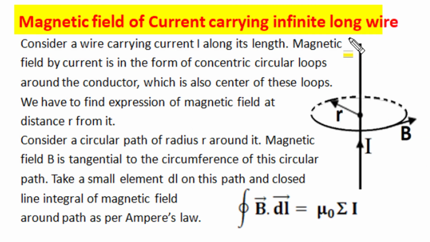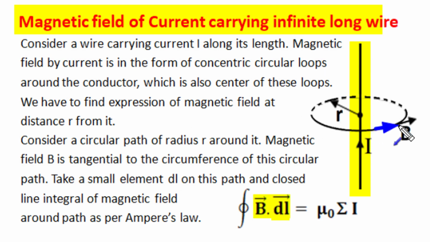We have a long straight conductor wire carrying current I along its length. Now due to symmetry, at a circular periphery of constant radius, the magnetic field magnitude is everywhere the same and the magnetic field is also tangential on this periphery. Let's consider a circular path of radius r around this current carrying conductor, with the current axis and the center of this circle coinciding.